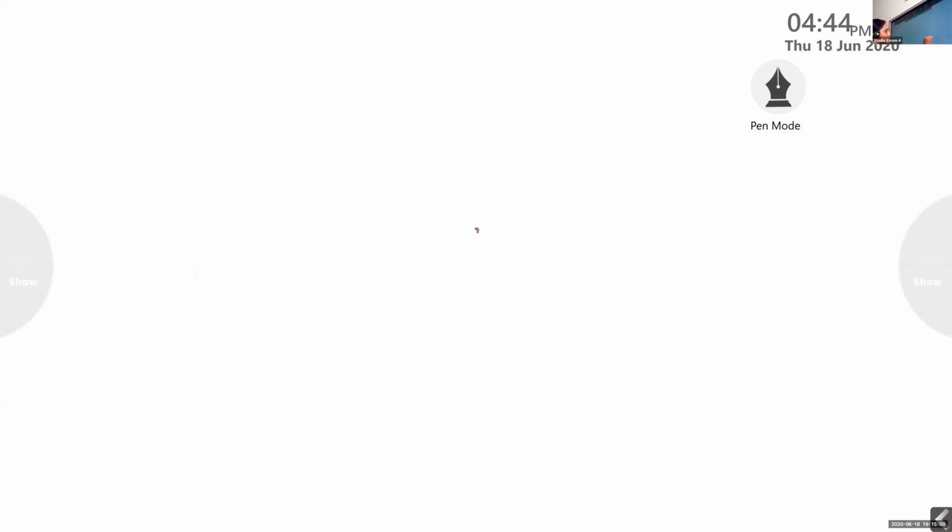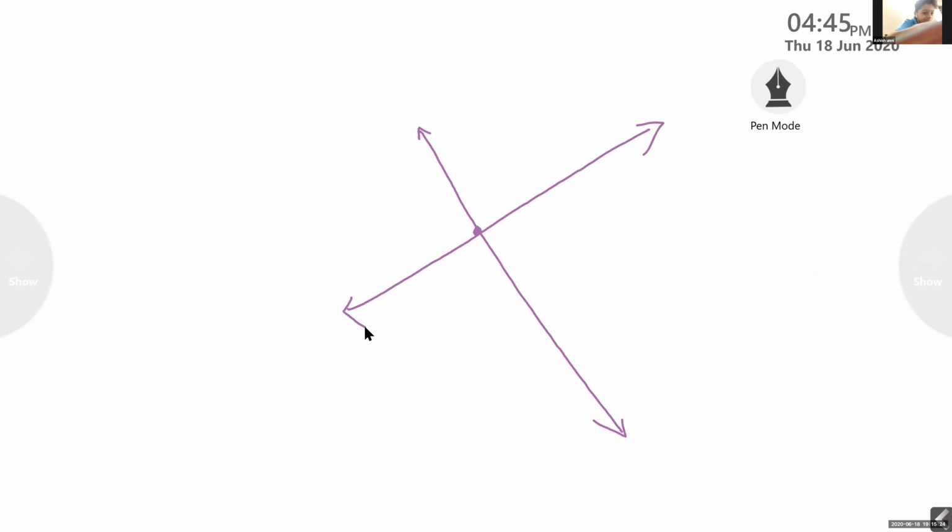How many lines can pass through this given point? This is one line, okay? Ma'am, infinity, uncountable. Then this is another line. This is another line. This is another line.